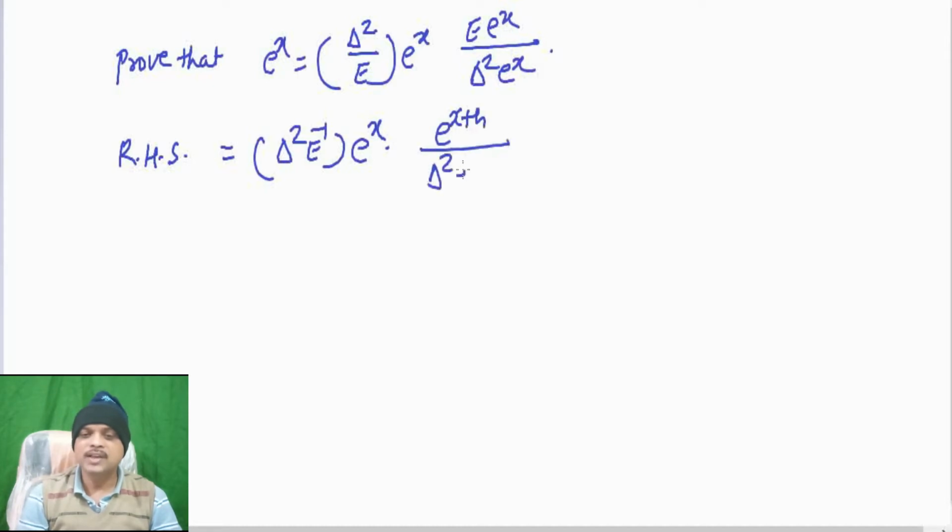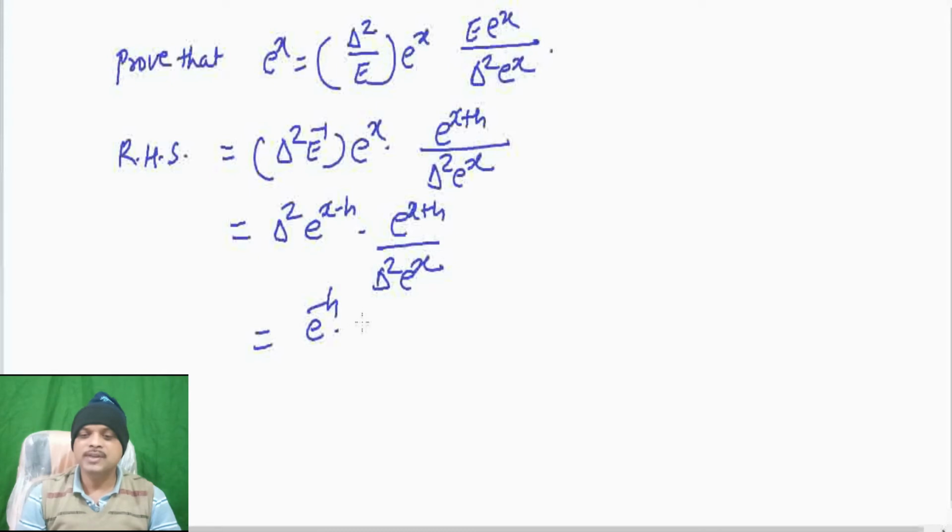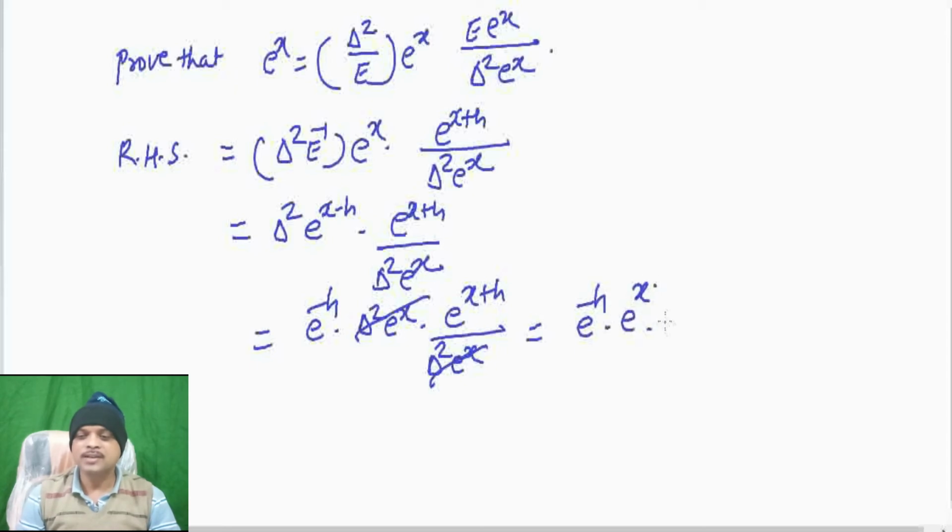Delta square E inverse operating on e raised to x means e raised to x minus h, into e raised to x plus h divided by delta square e raised to x, and we write this as e raised to minus h into delta square e raised to x into e raised to x plus h divided by delta square e raised to x. So this term will get cancelled, and we have e raised to minus h into e raised to x into e raised to h. So this power will be cancelled and we get e raised to x, and that is the LHS. So this proves the problem.